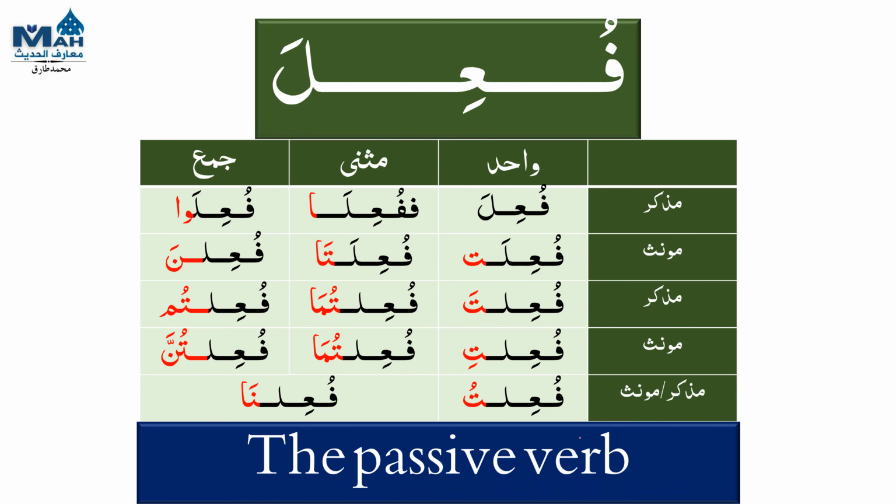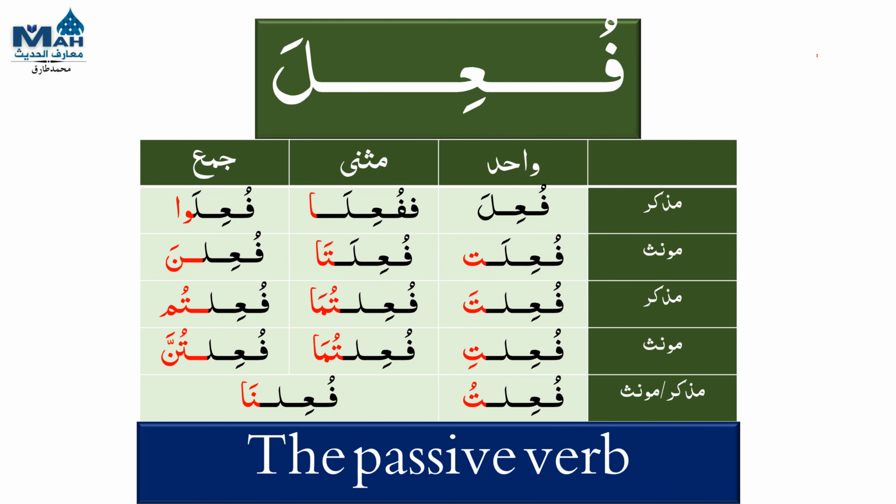What is passive? In the passive verb, the subject or fa'il is not there, so we always hide the fa'il. The tense will be converted to passive. In Arabic, it is called majhul, fi'il majhul.